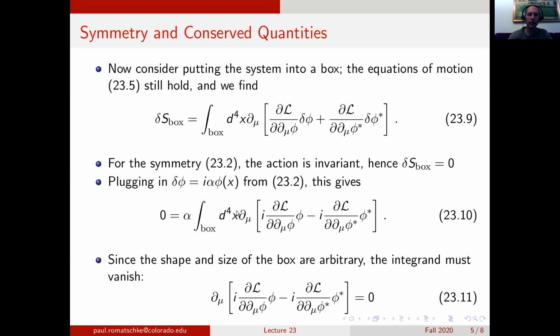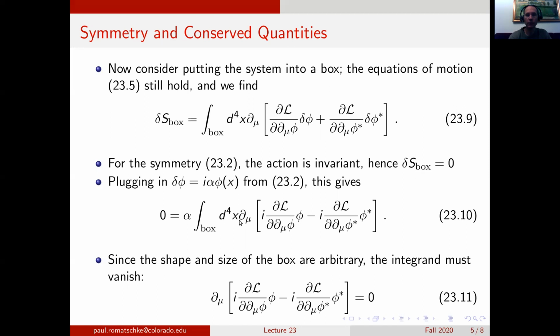Since the integration over this box is arbitrary because we have not specified what the size or the shape of this box should be, the only possibility for this integral to be 0 for any box of any size and shape is that the integrand itself of the integral has to be vanishing.